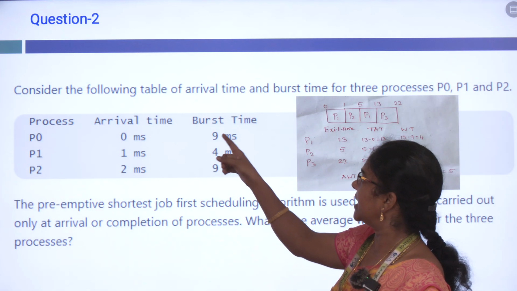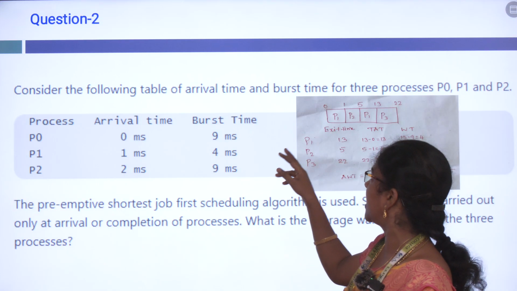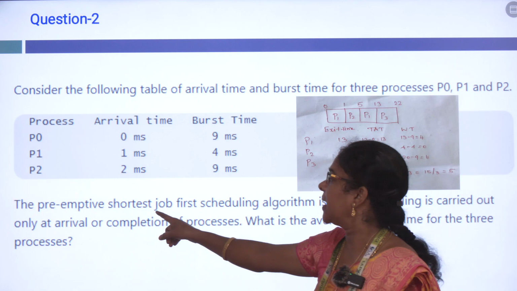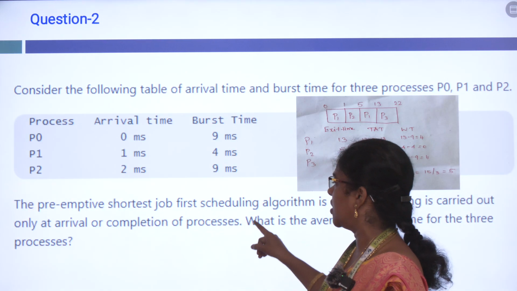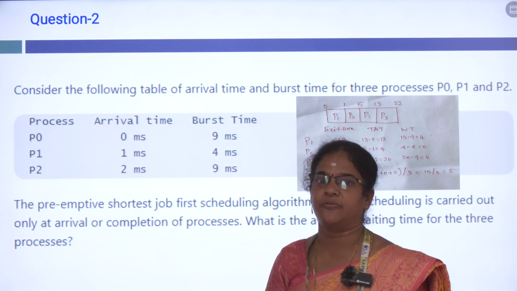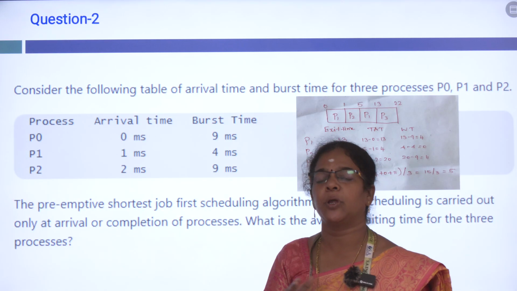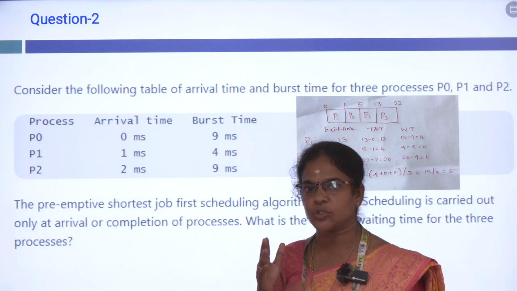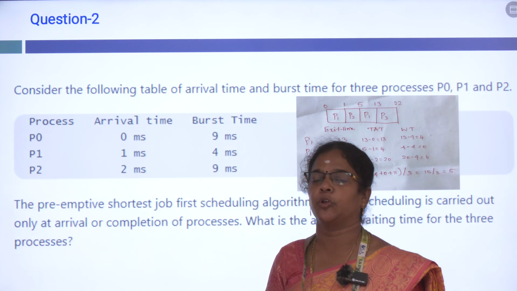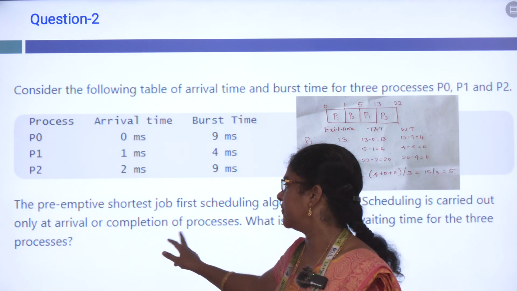Next question: consider the following table, arrival time and burst time given, with 3 processes P0, P1, P2, using the preemptive shortest job first scheduling algorithm. Already I told you, for shortest job first it is given as preemptive or non-preemptive. Preemptive means you find out the SRTF, non-preemptive means you find out the SJF.